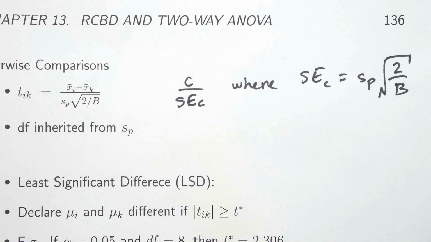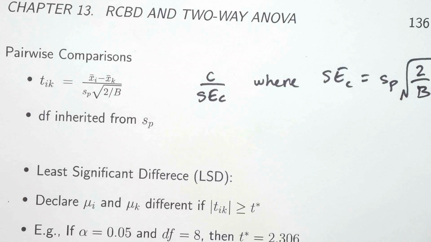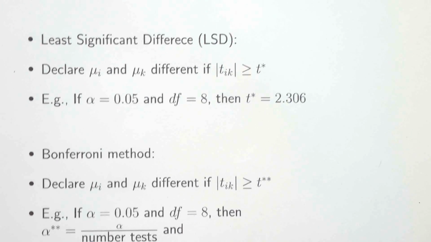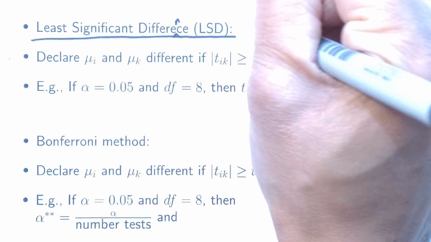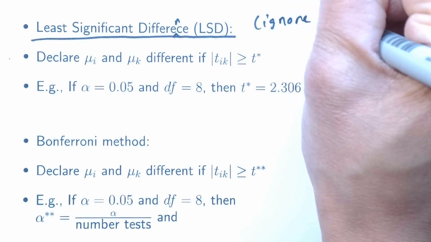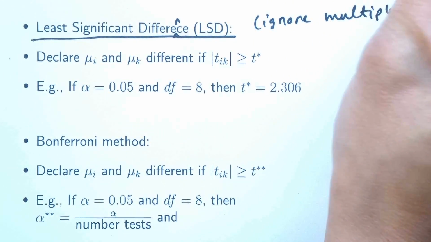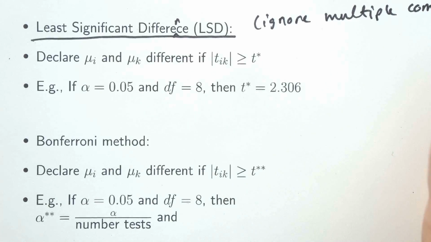And now we have two choices of how we want to go about doing the comparisons. The first choice is to ignore the fact that we're doing multiple comparisons.